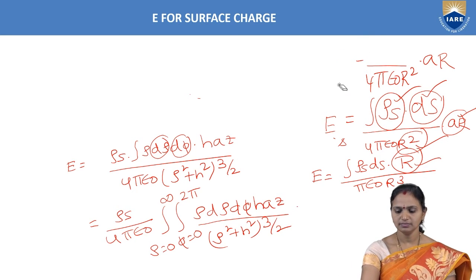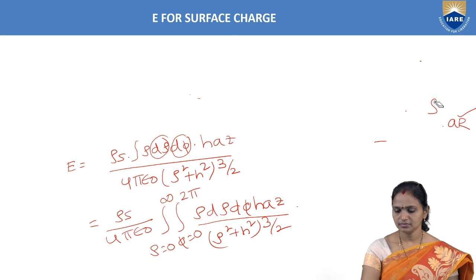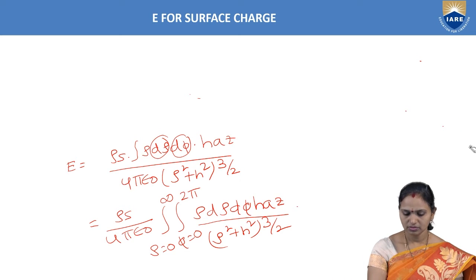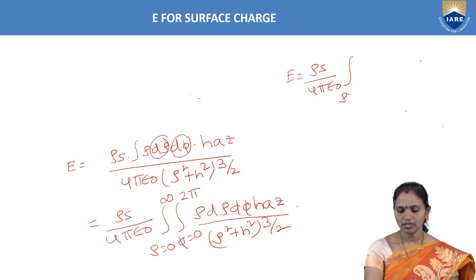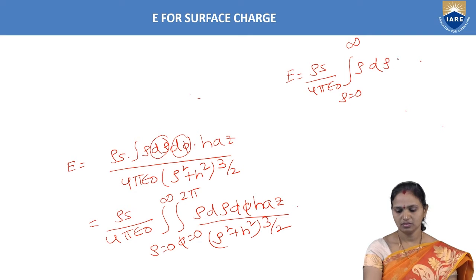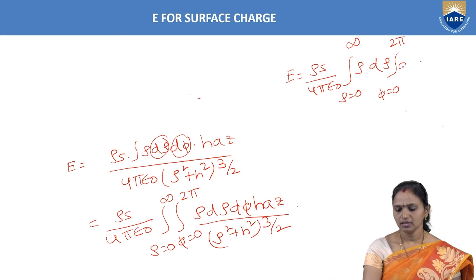So now this is the case. Now to get this E value, we have to simplify this entire integration. So E here equal to rho s by 4 pi epsilon naught. Now I am separating the integration. Rho equal to 0 to infinite, this is rho d rho. Next integral is with reference to phi, phi taking the values from 0 to 2 pi, d phi, h divided by rho square plus h square whole to the power of 3 by 2.